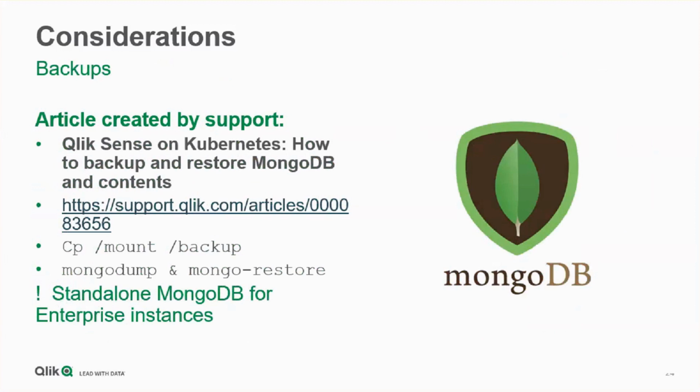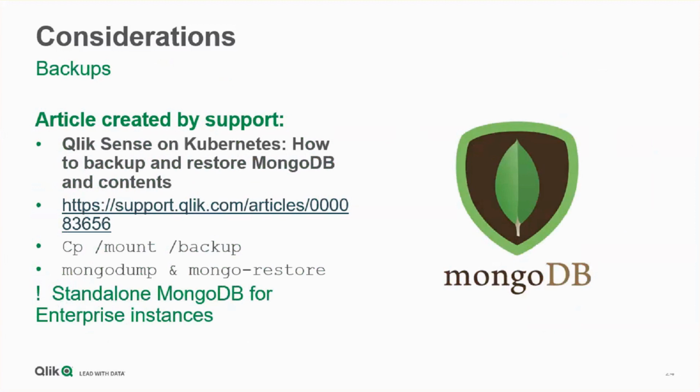There's also backups. This is an area that support can help with. We have an article about how to do this. Obviously, you need to make sure that you have backup plans in place. In anything beyond just the most basic dev testing, you don't want to use the MongoDB that's just running on a pod, right?